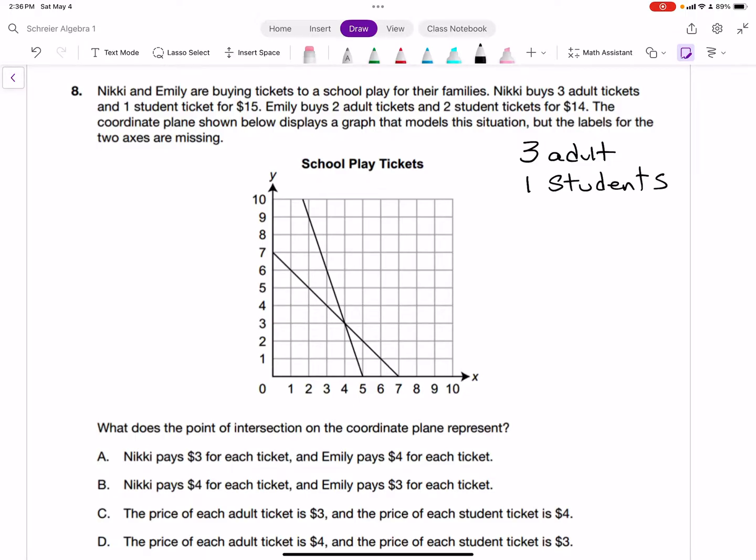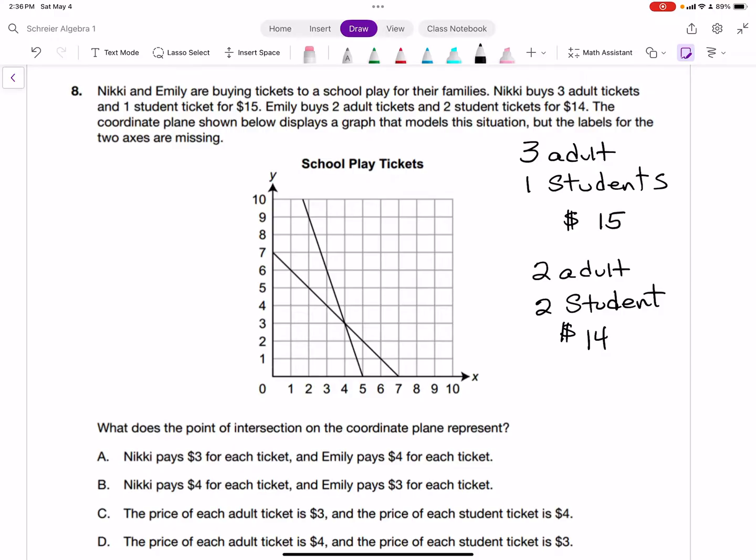And she's going to pay a total of $15. And then we have Emily, who is buying 2 adult tickets and 2 student tickets. And she's going to end up paying $14.